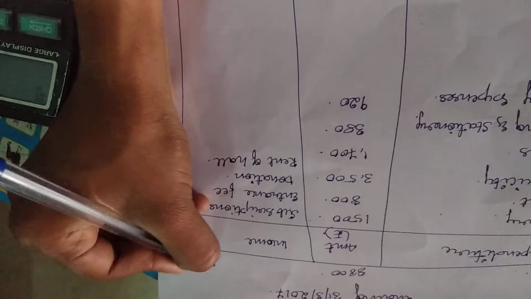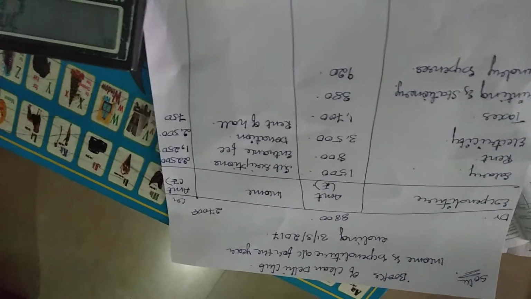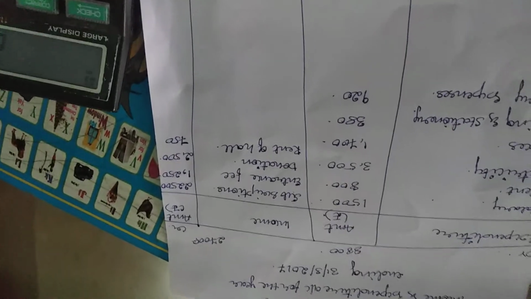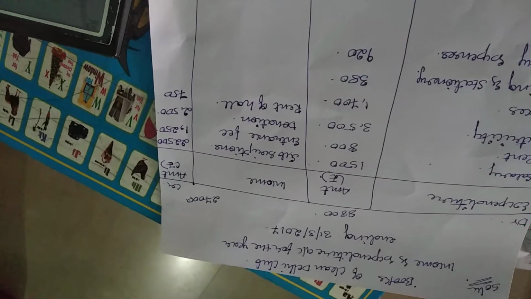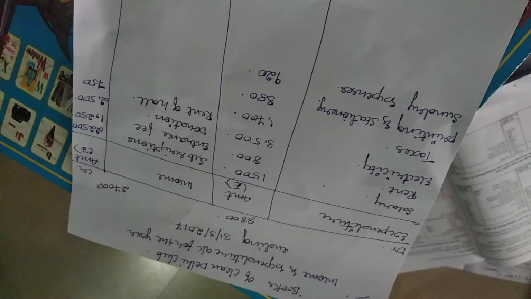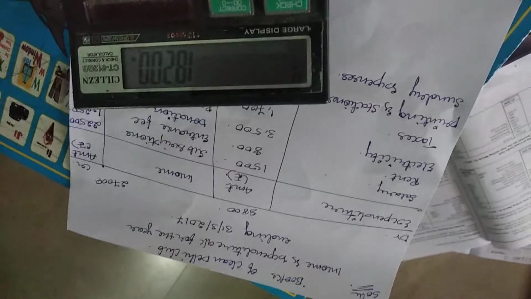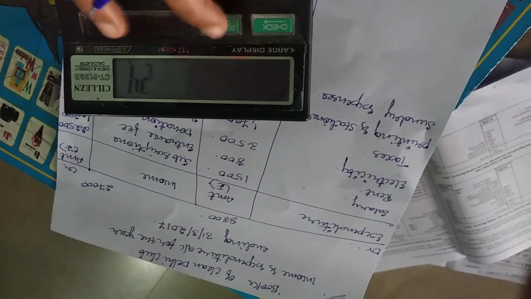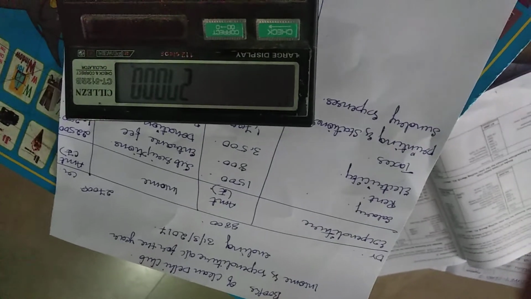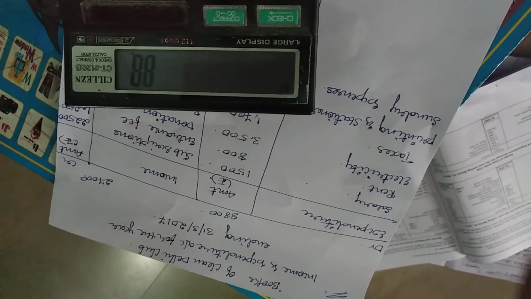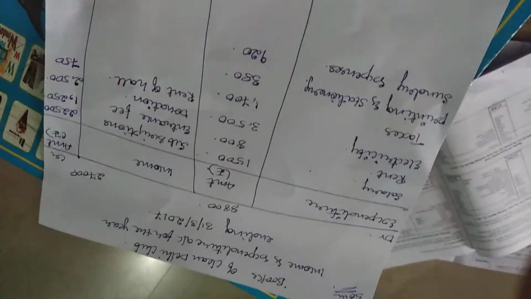It comes to 27,000. So the income side is more when compared to the expenditure side. So we have to balance the income and expenditure account by subtracting expenditure from income. 27,000 is greater than 8,800, so 27,000 minus 8,800 is 18,200.